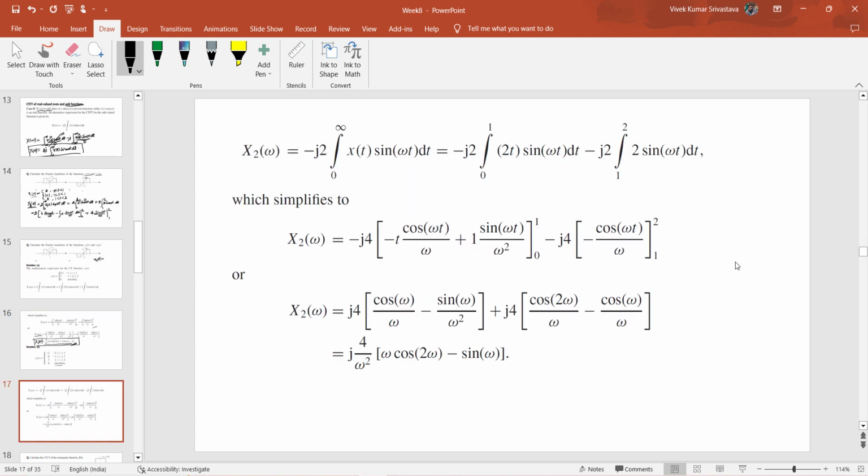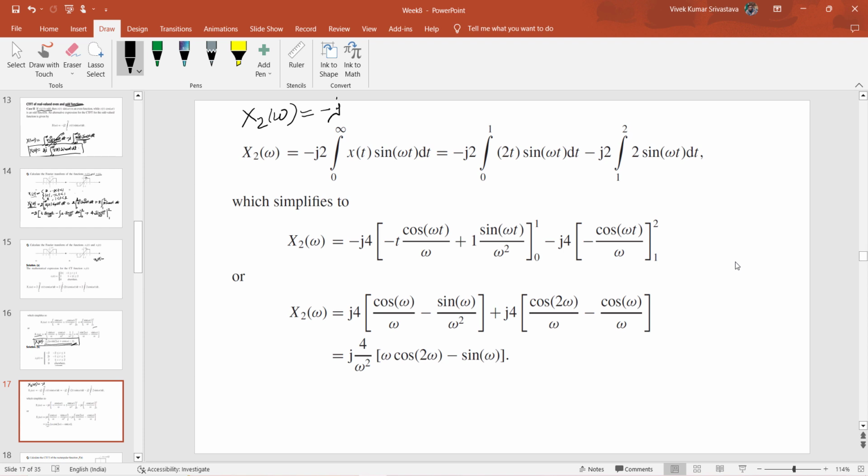So you can use the expression for an odd function, which equals minus j times the integral from 0 to infinity of x2(t) sin(omega t) dt.